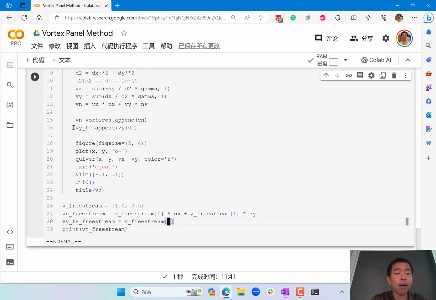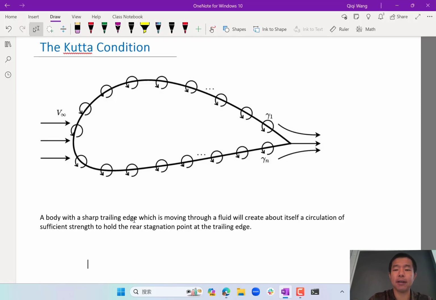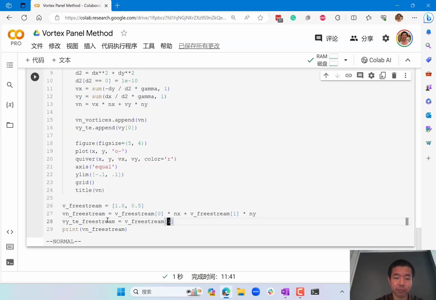All of these Vy's at the trailing edge contributed by these vortices, added together with the Vy from the free stream, have to add up to 0. That's the Kutta condition. It says that if you add the Vy contributed from all the vortices, it should match the opposite of the free stream velocity at the trailing edge.